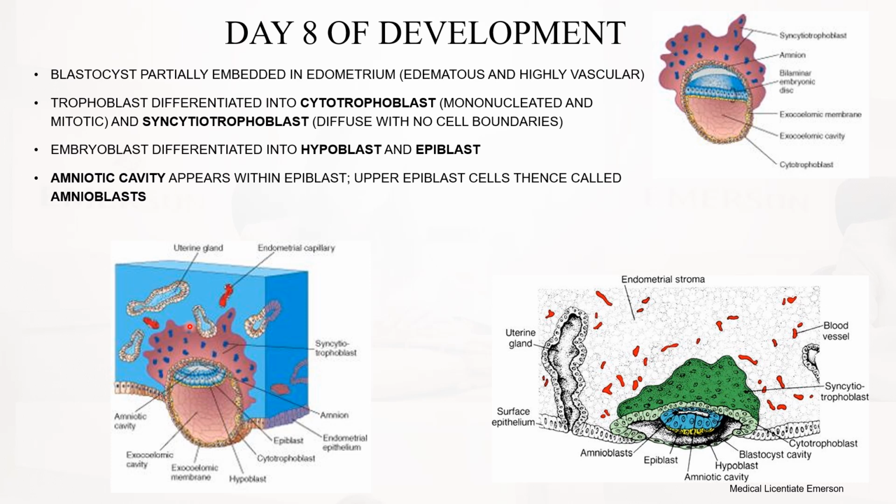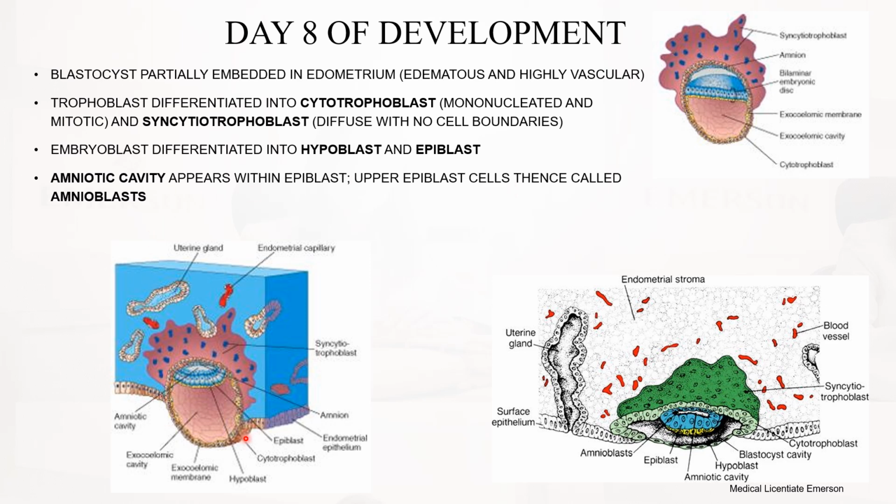Next, the amniotic cavity appears within the epiblast. So on the upper portion, that's where the amniotic cavity is going to appear within the epiblast. Then the upper epiblast cells start being called the amnioblasts.